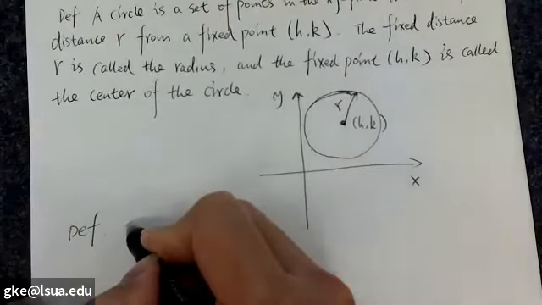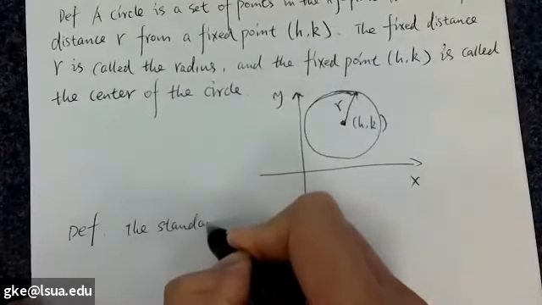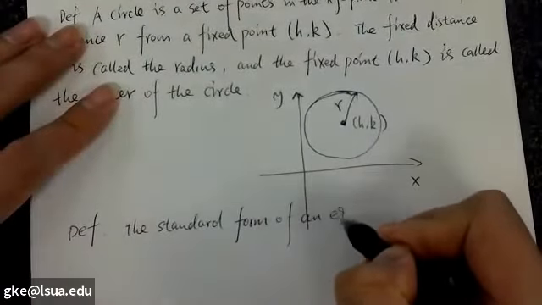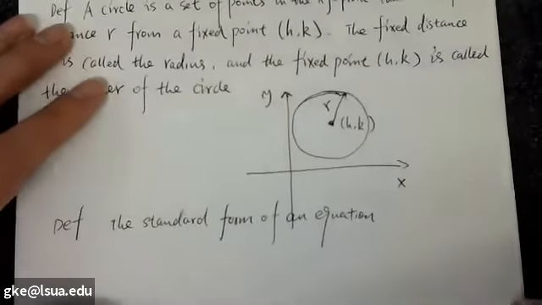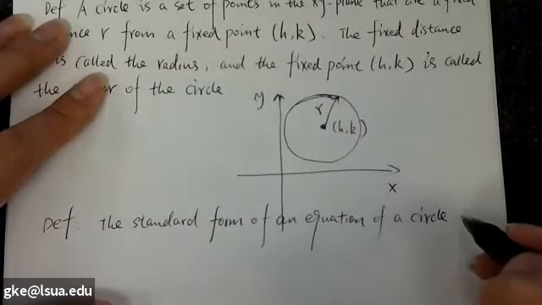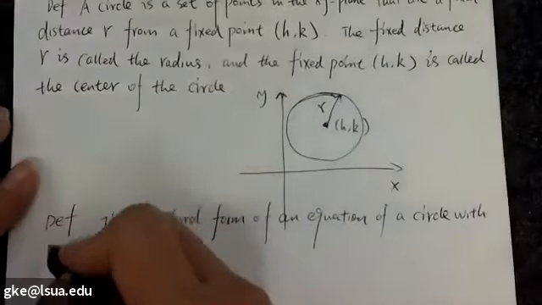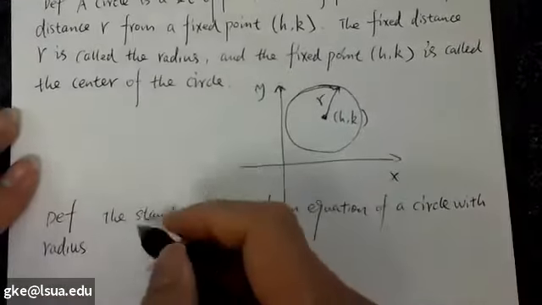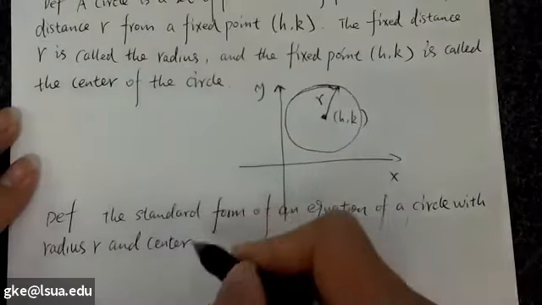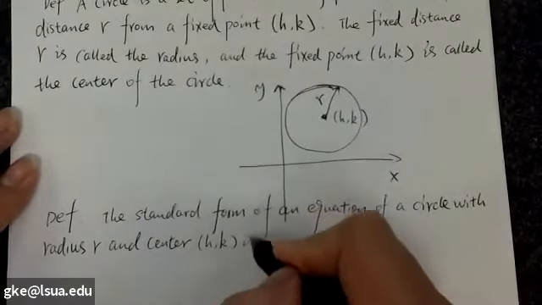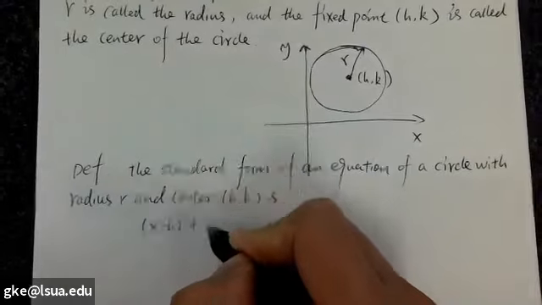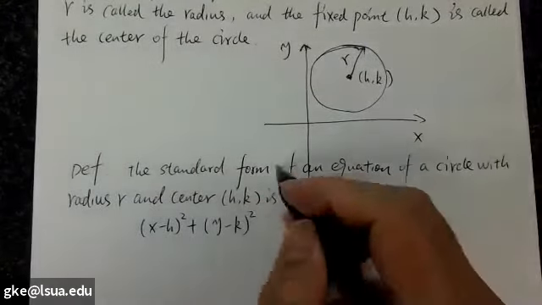The standard form of an equation of a circle with radius R and center (h, k) is: (x minus h) squared plus (y minus k) squared equals R squared.